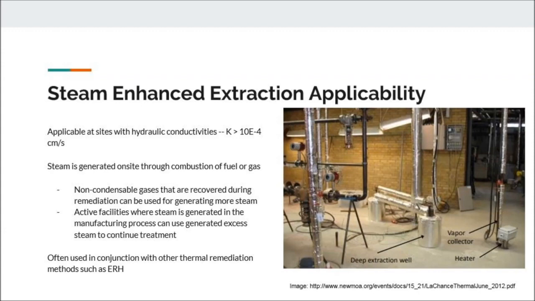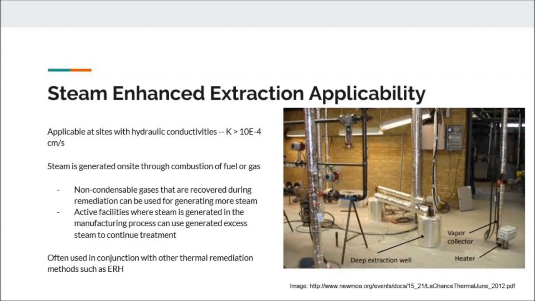And often this treatment method is used in conjunction with other remediation technologies such as ERH. In cases like this, steam-enhanced extraction is applied to the highly permeable portions of the formation, and ERH is applied to the less permeable areas.